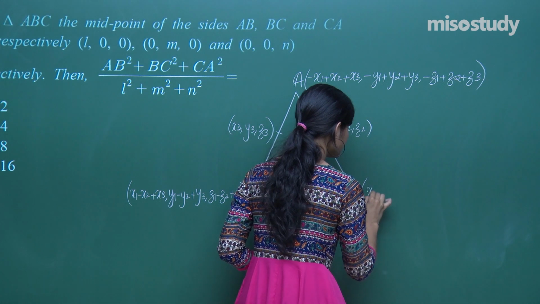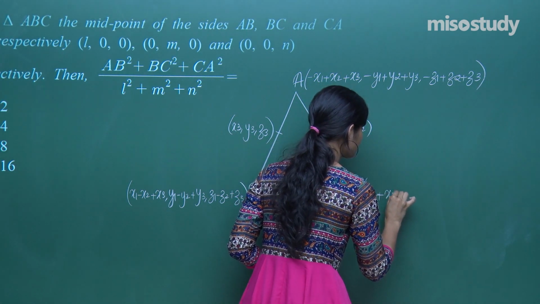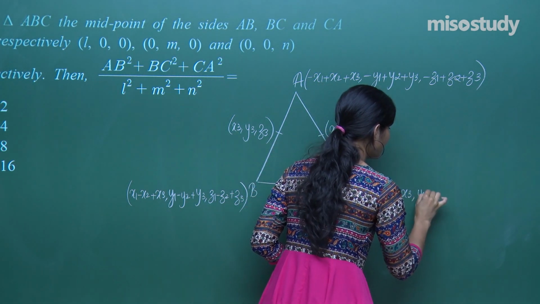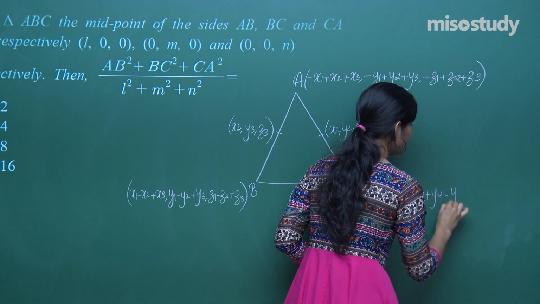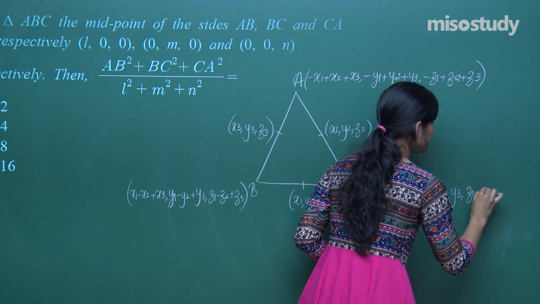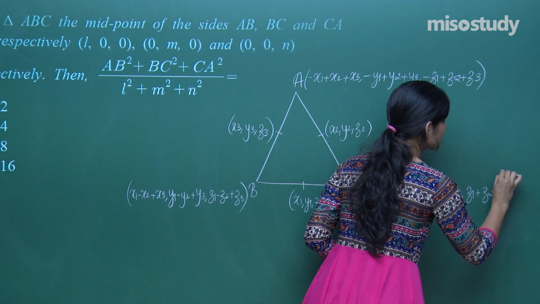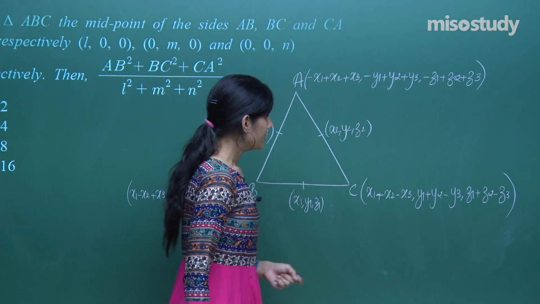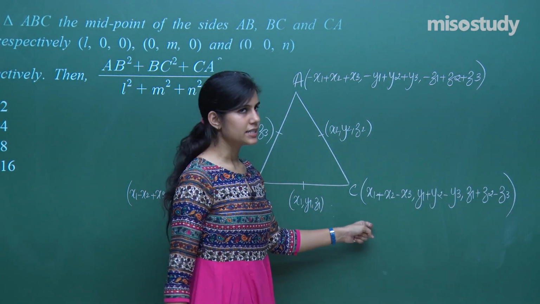And what will be this? x1 plus x2 minus x3, y1 plus y2 minus y3, z1 plus z2 minus z3. That's how you can get the coordinates of the vertices as well.